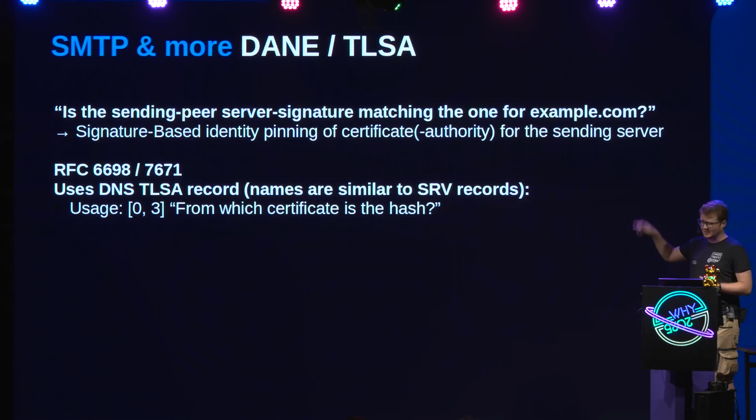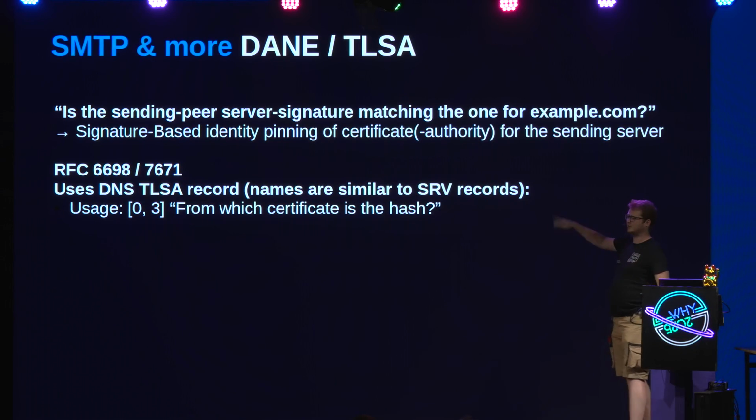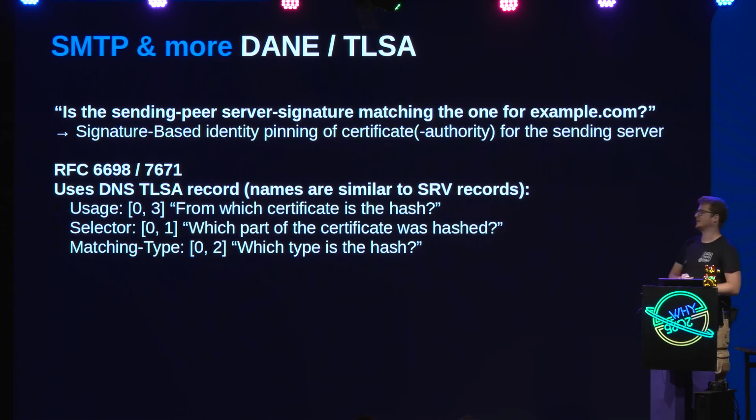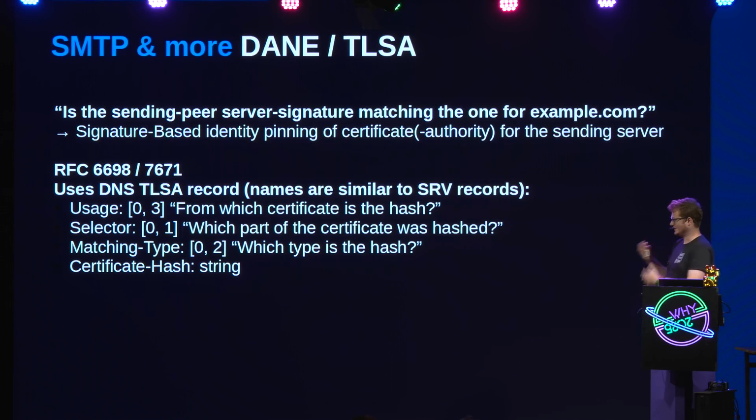This special record type is once again not expressed by using a TXT, but instead we now have different fields we need to implement. Those fields are some kind of integer, and you need to answer those questions correctly. If you get it wrong, you will break stuff. I don't know how well you understand the TLS architecture, but to answer those questions, you need to be very familiar with the way you obtain certificates.